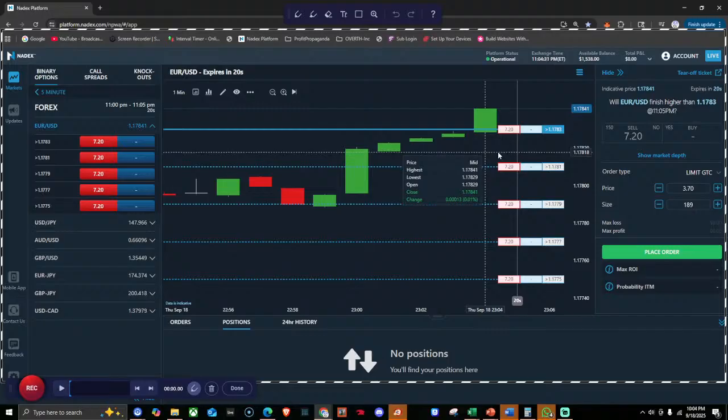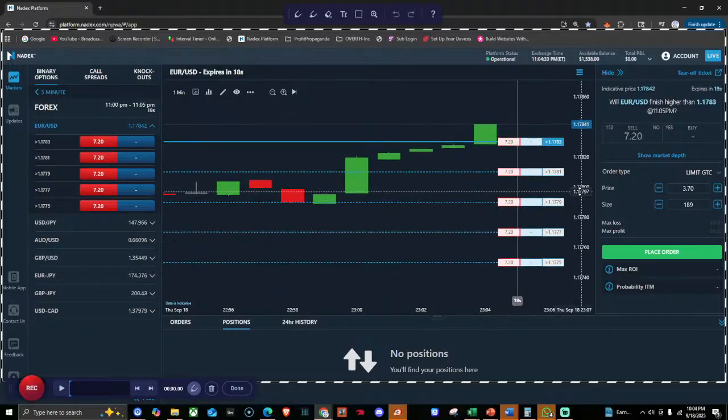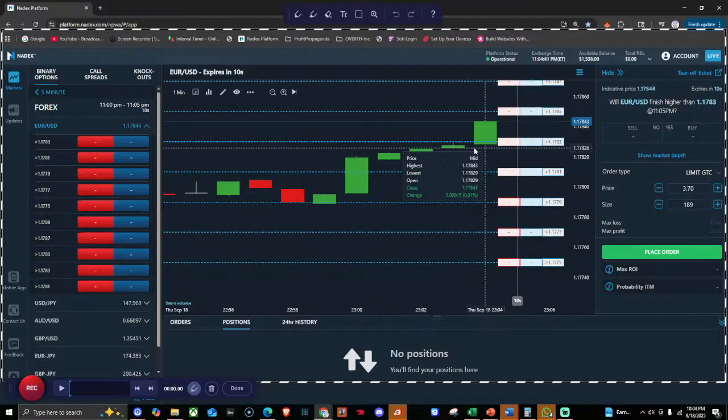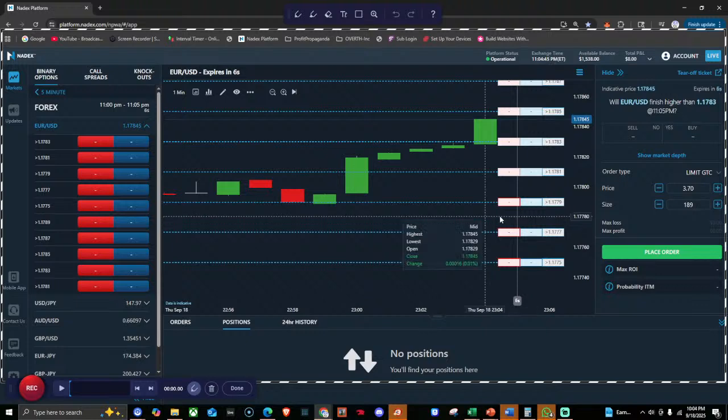We're going to label these behaviors, and then probably over the next 30 minutes to an hour, depending on how I'm feeling, we'll see if it gives us an opportunity based on its behavior.